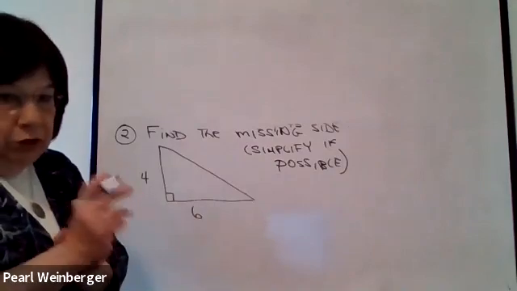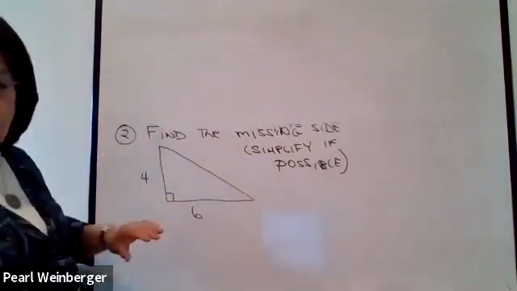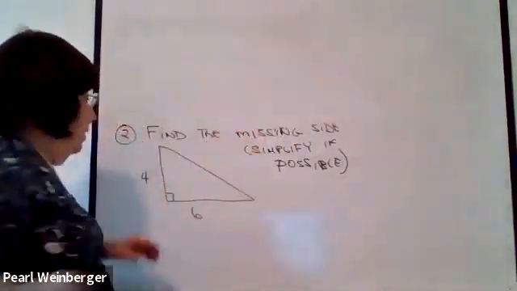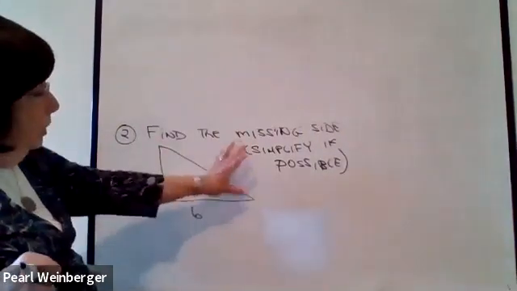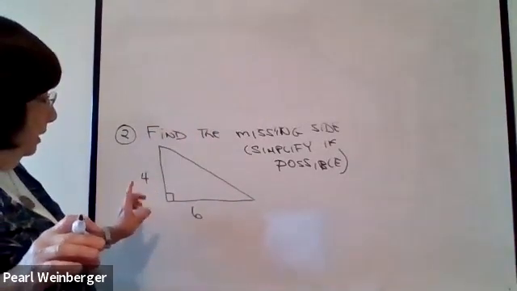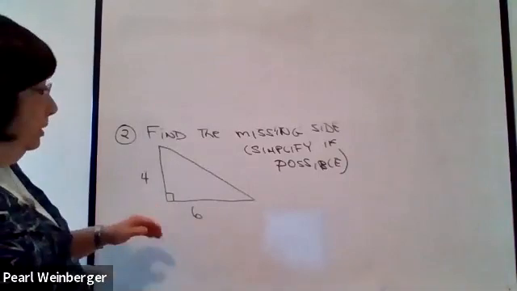Today we're going to be reviewing chapter 1, but let's continue what we're studying right now. And that's, what do we do when I give you a right triangle, and I ask you to find the third side, the missing side of a right triangle.